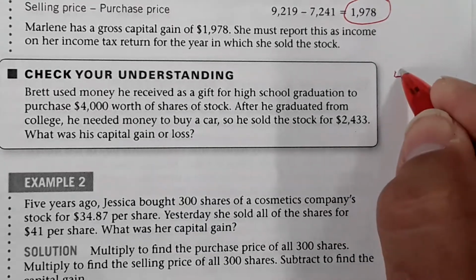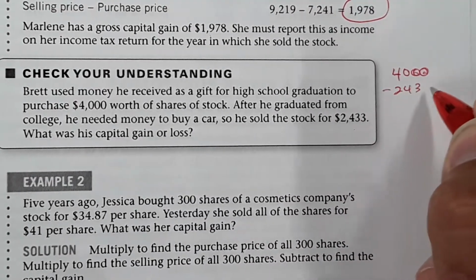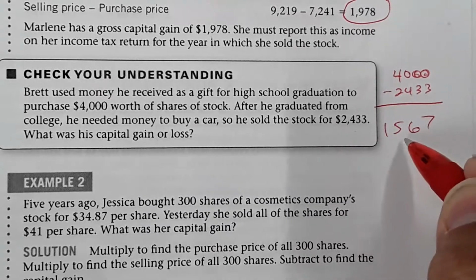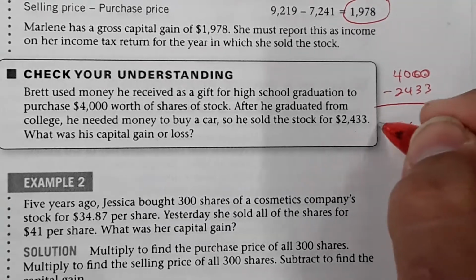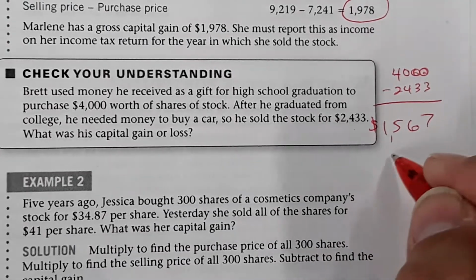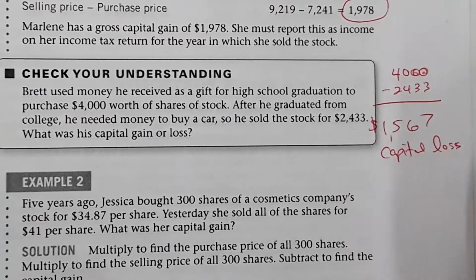So to find out how much he lost, simply take $4,000 minus $2,433, and you're going to get a loss of $1,567. That would be a capital loss.